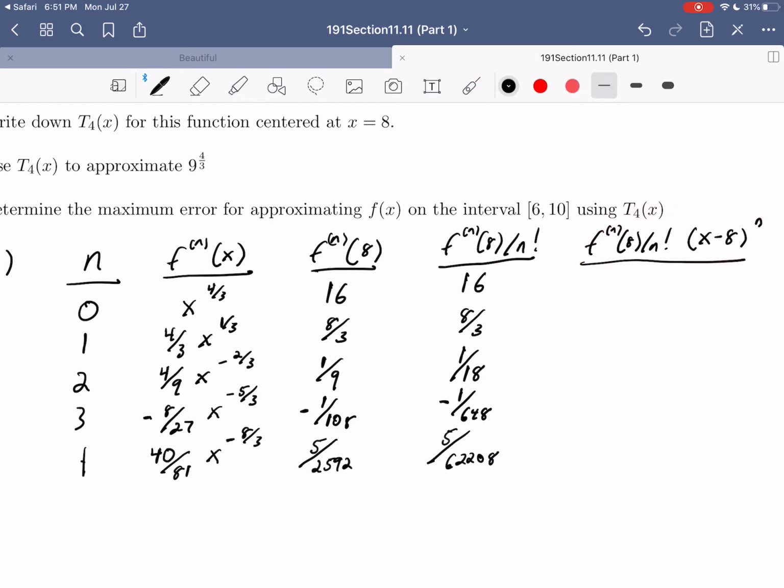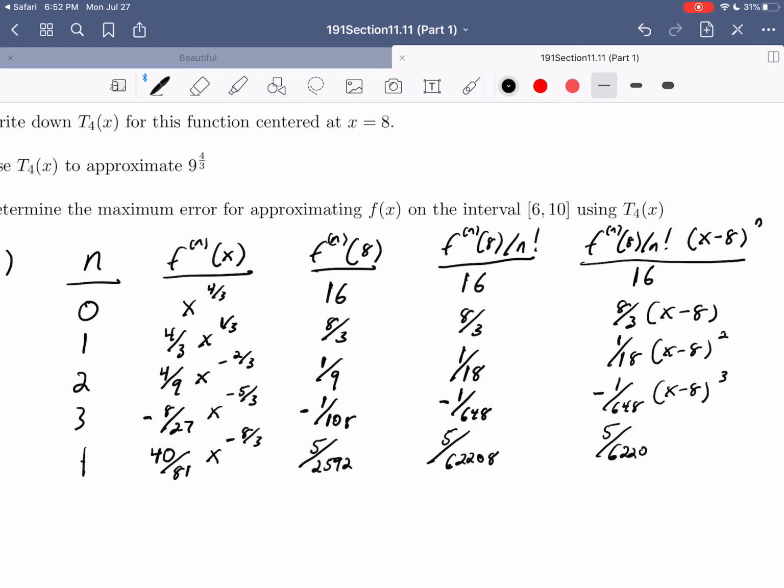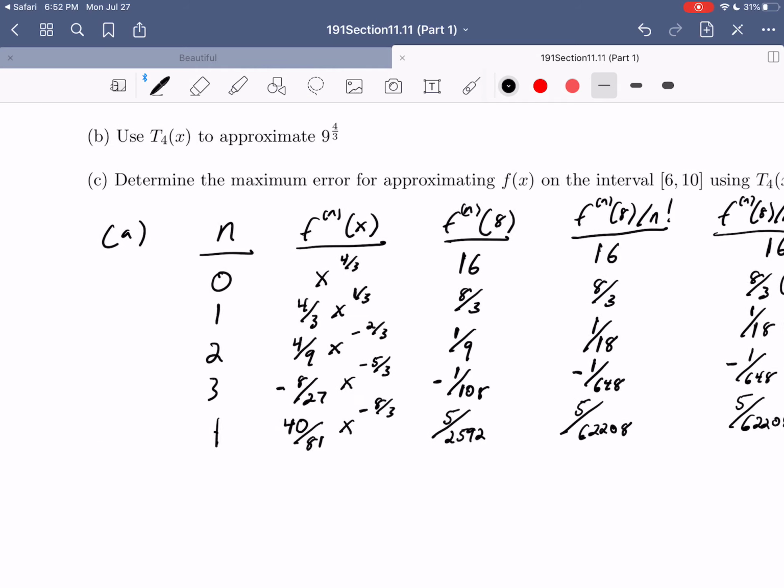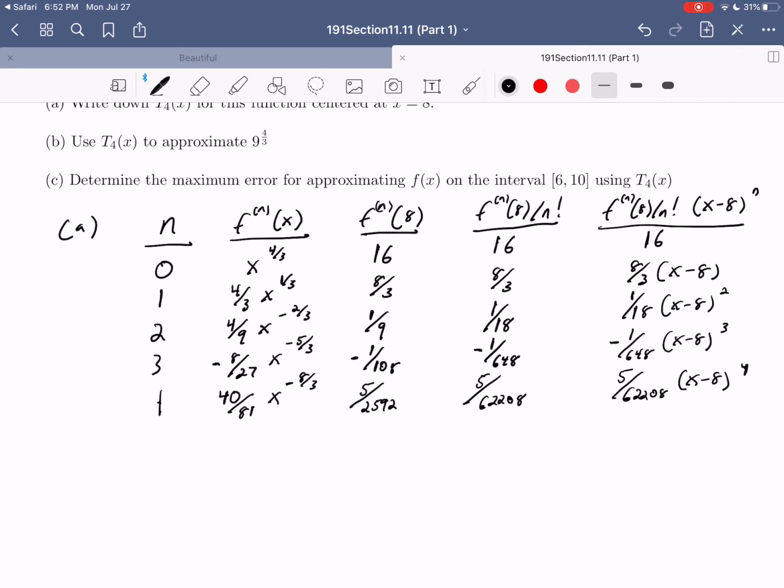Now let's make the actual terms there. So this would be 16, and then 8/3 times x minus 8, and then 1/18 times x minus 8 squared, minus 1 over 648 times x minus 8 cubed, and then 5 over 62208 times x minus 8 to the 4th. Okay, so there we go. So we now have our actual T4.